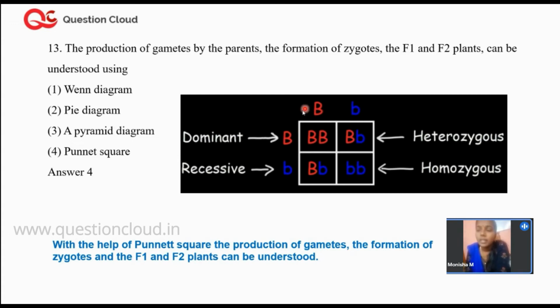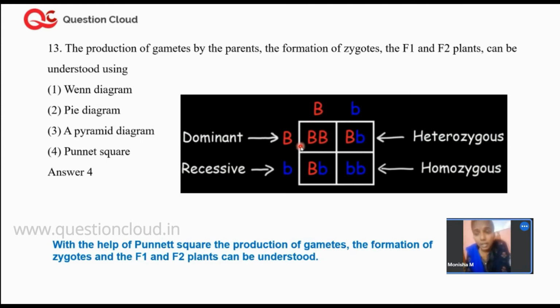For example, say parent A, the mother has capital B gene, and the father has capital B gene. Then capital B and capital B will combine together to produce an offspring. That offspring will have capital B, capital B. That is, the baby is going to have both characteristics dominant. This is called a homozygous dominant condition.